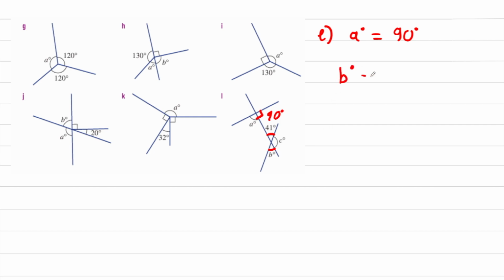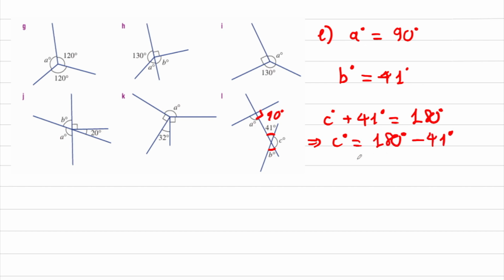So B degree will be equal to 41 degree. And about C, C make the straight line with 41 degree. So C plus 41 degree equal to 180 degree. And then C degree will be equal to 180 minus 41. Here is 9, here is 3, and here is 1. 139 degree. Yeah, that is the value for question L.